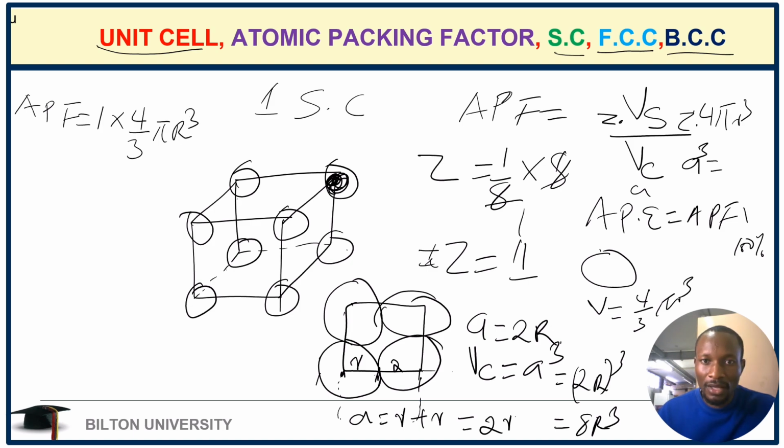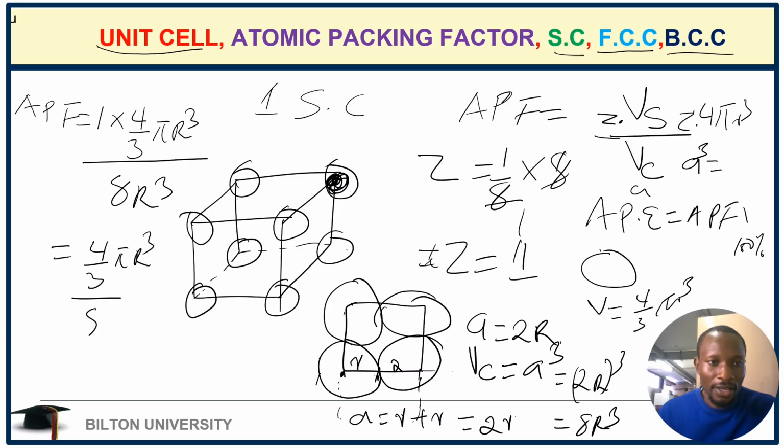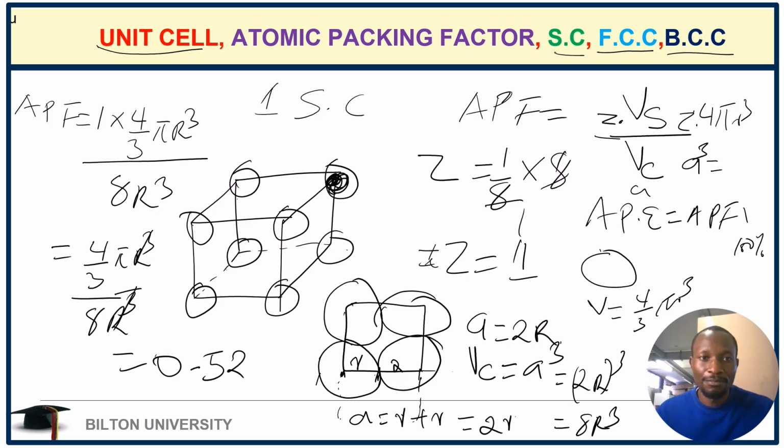This is the numerator part, divided by 8R³, and this is going to give us 4 over 3 πR³ over 8R³. R³ cancels R³, and this one is going to give us, let's punch it in the calculator, it gives us a value of 0.52. So atomic packing factor for simple cube is 0.52.